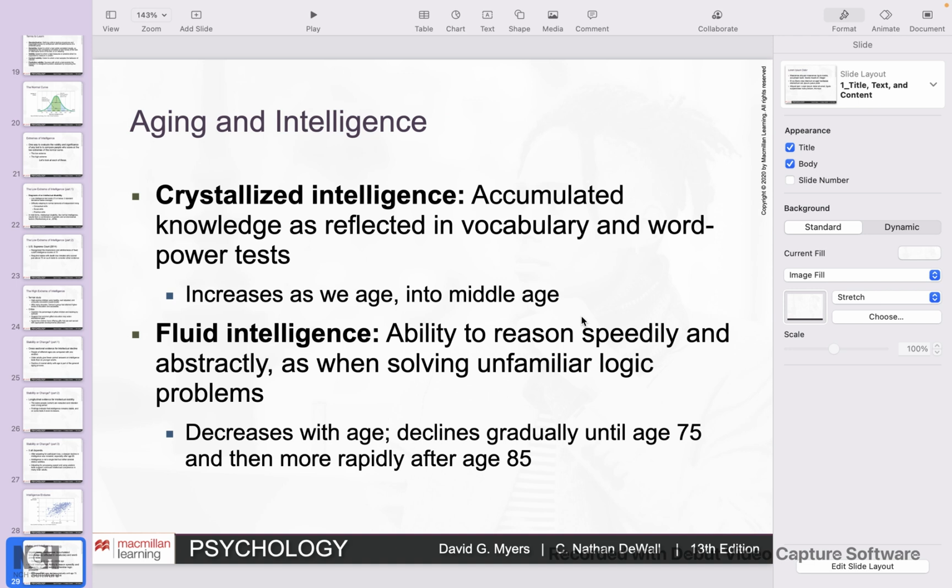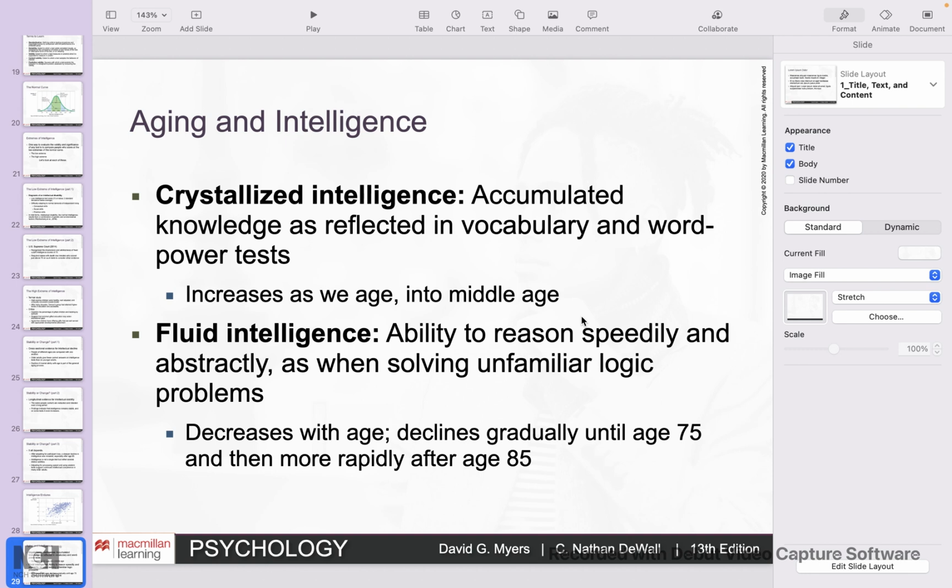So let's take a look into some aging and intelligence. We can think of intelligence in two broadly defined areas with regards to the aging research, and that is crystallized intelligence versus fluid intelligence. Crystallized intelligence actually increases as we age and actually increases well beyond middle age.